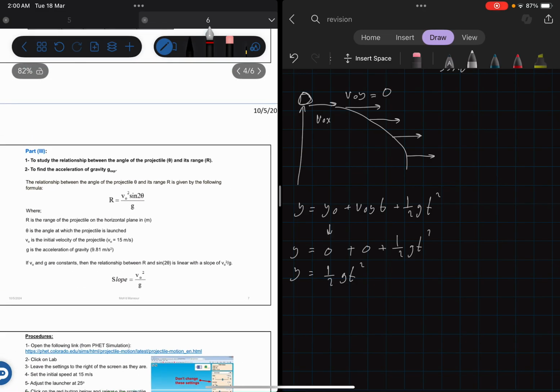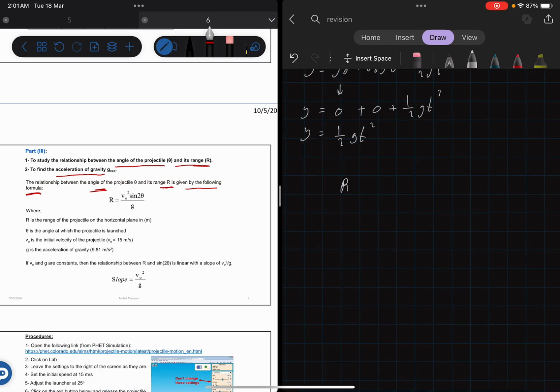Let's see this experiment: to study the relationship between the angle of the projectile and its range, and to find the acceleration of gravity, which is g. The relationship between the angle and its range is given by this formula, R equals v naught squared times sine 2 theta over g.